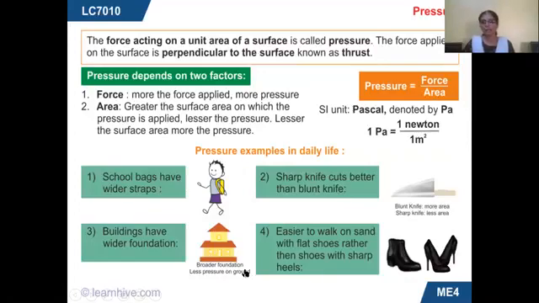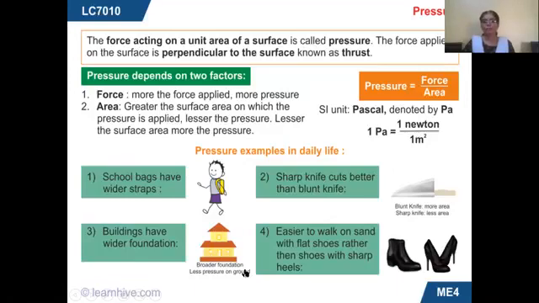And if the value of the divisor is more, then the quotient will be less. The same you can apply here. If the surface area is larger, then the pressure we get will be less. If the surface area is lesser, then the pressure we get will be more.